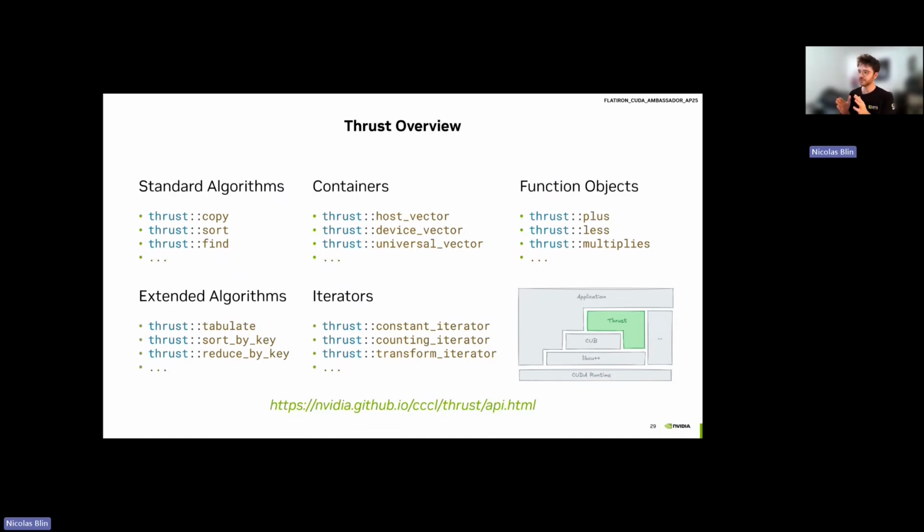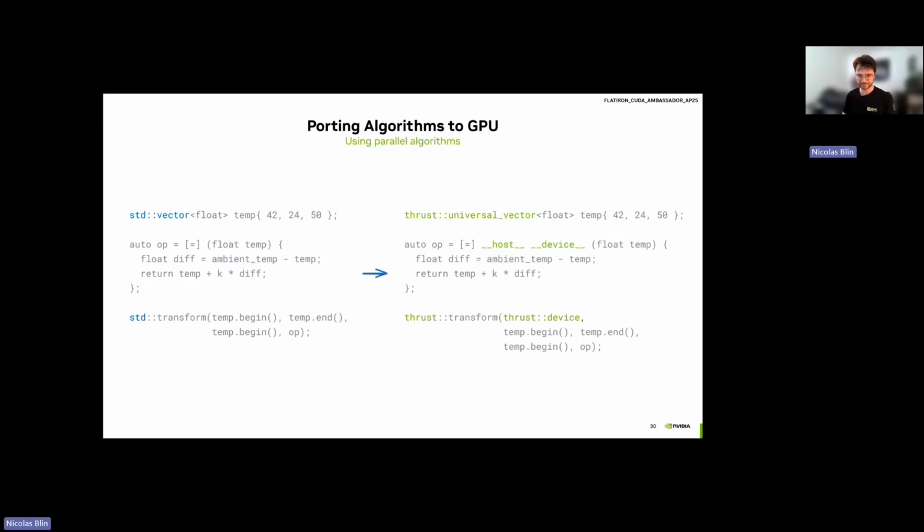We'll not go right now into the details of all the things you can do and use in Thrust, but the whole goal of today's DLI is to move forward and learn one of them at a time and discover all the things that Thrust can help you with. So now let's look at how we will port the temperature code that we had earlier, which was running on the CPU, to the GPU.